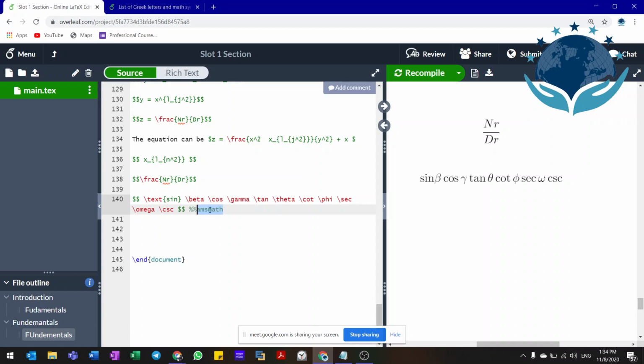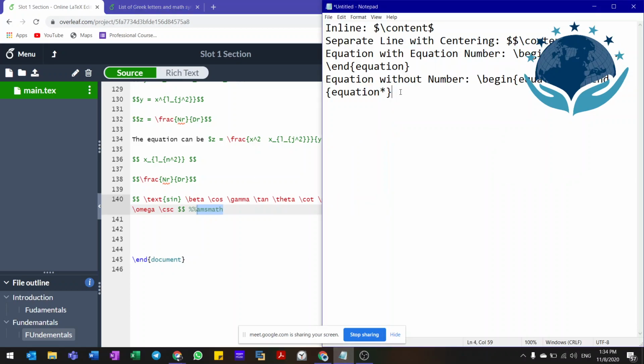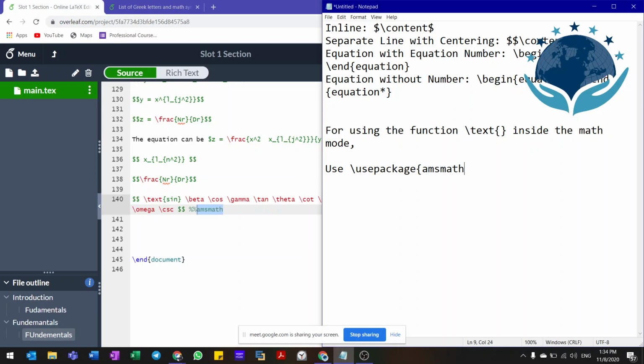I have discussed this in the previous class itself. For using the function slash text inside the math mode, you can use slash usepackage of AMS math.